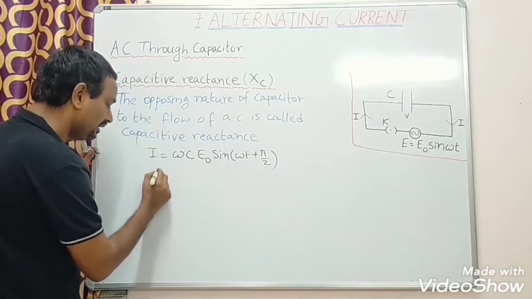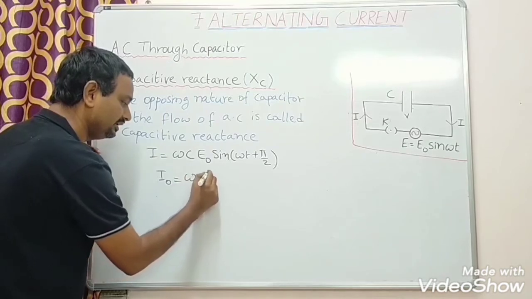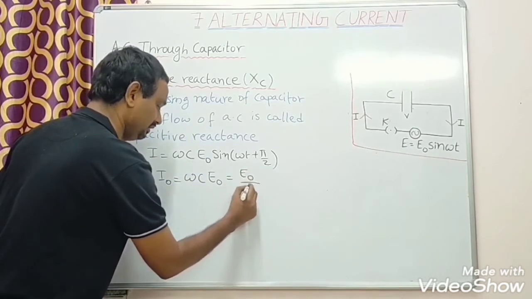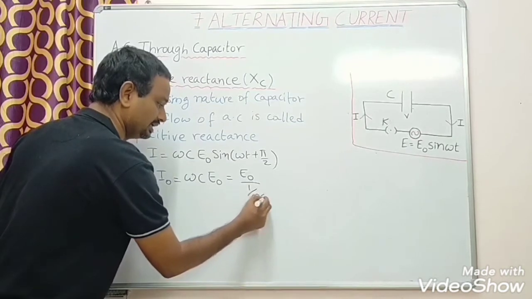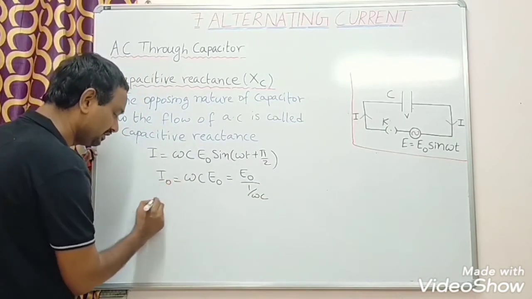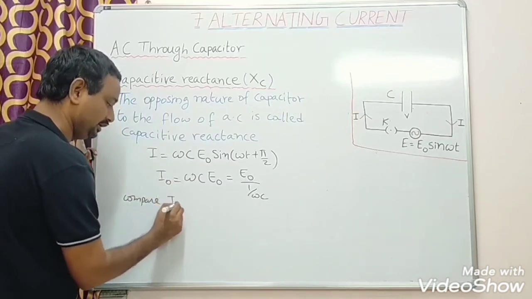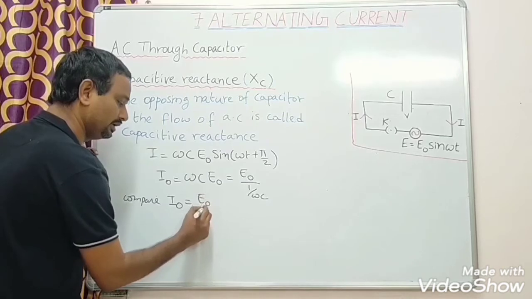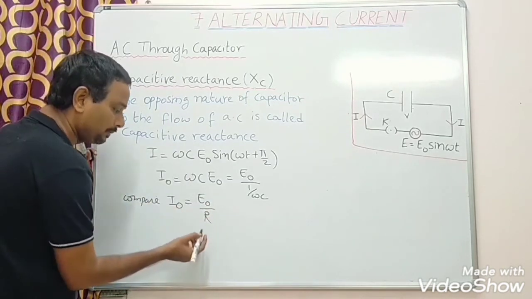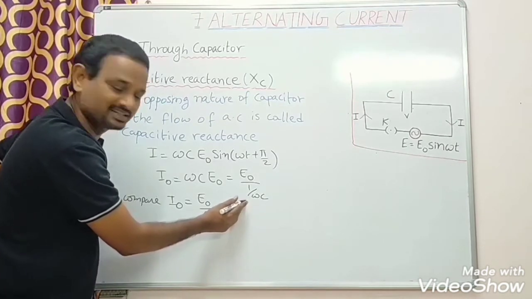So here I naught is equal to omega C E naught. That I will write as E naught by 1 by omega C. I will compare this equation with I naught equal to E naught by R. If you compare these two equations, in the place of R, what do we have? We have 1 by omega C.